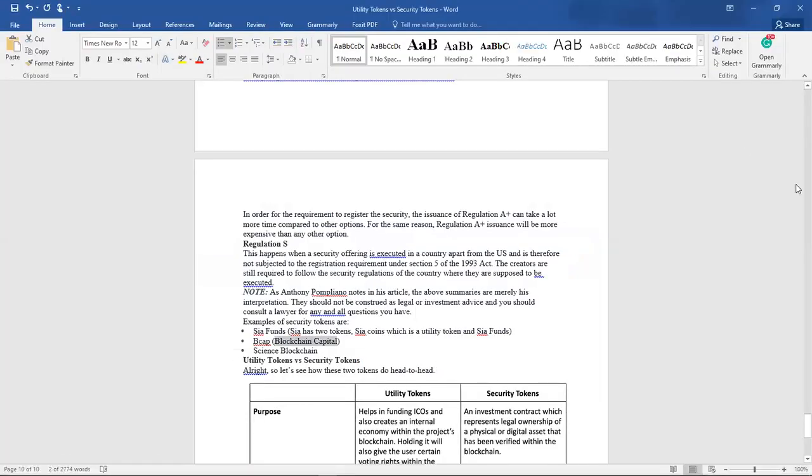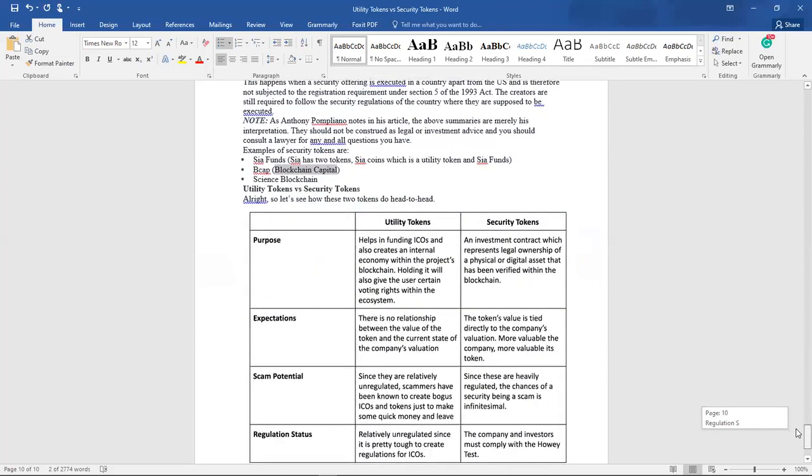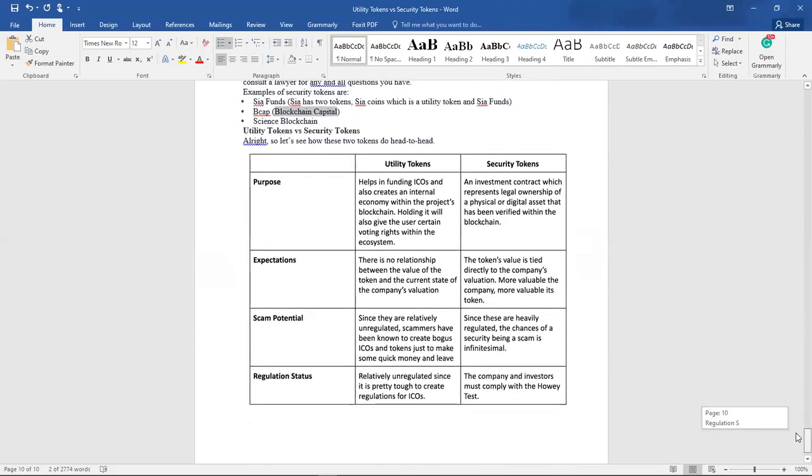To wrap up this utility versus security token topic, we'll see the difference between utility tokens and security tokens. We'll compare them based on purpose, expectations, potential for scam, and the regulation status of the coins.